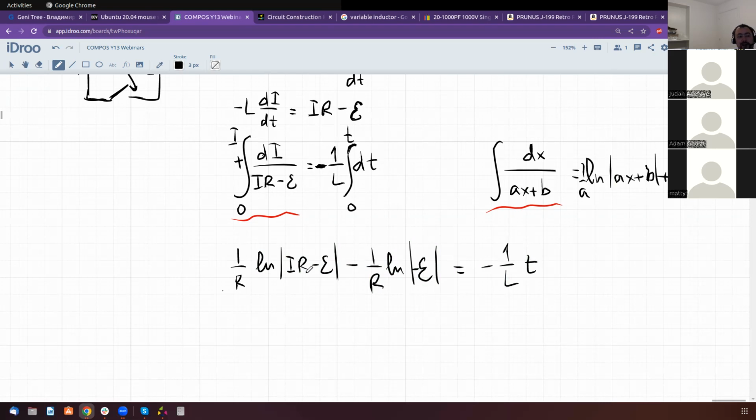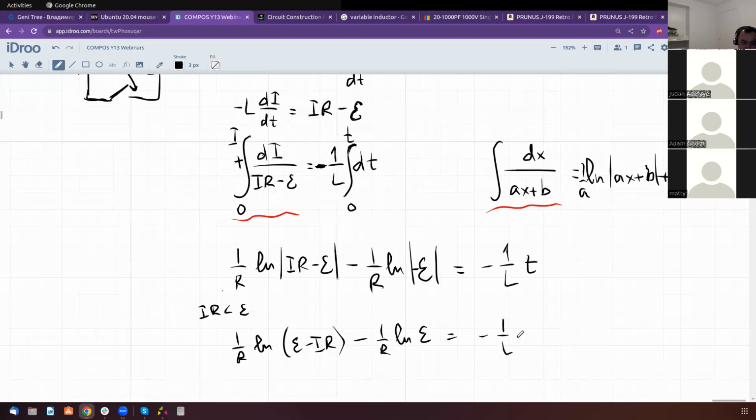Now IR is less than EMF, because IR is the voltage on the resistor and it cannot be bigger than EMF. So we have to flip this because it's a modulus. IR is less than EMF, therefore we have 1 over R logarithm of EMF minus IR, minus 1 over R logarithm of EMF, equals minus 1 over L t.